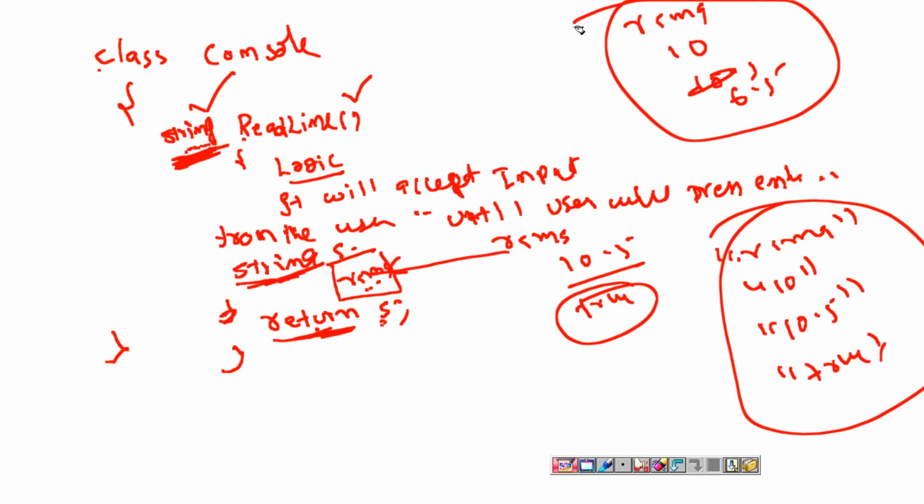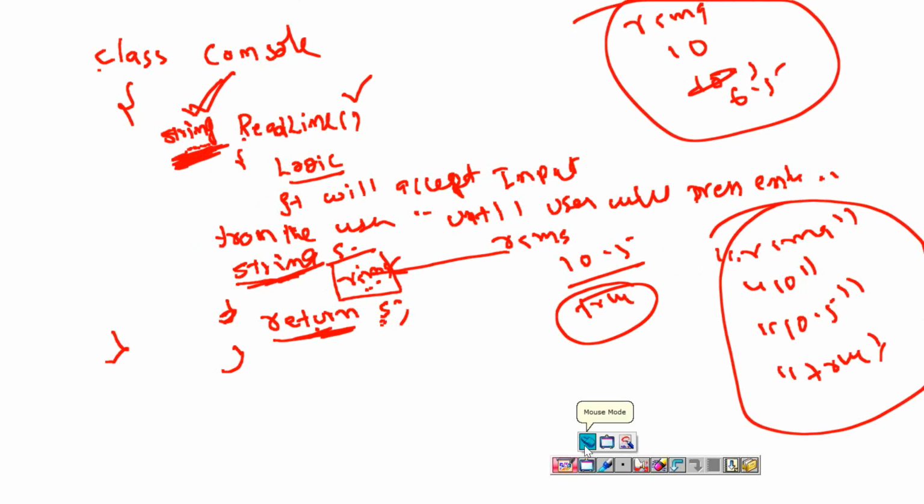But any value is stored into a string variable and returned as string data, because any type of data you can hold within a string. That is the reason Microsoft has given this method return type as string data type.